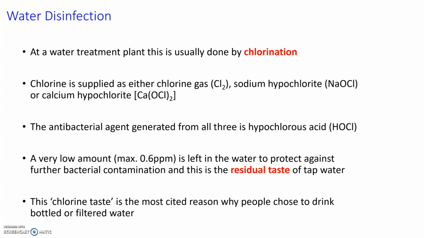This is why most municipal water plants use chlorination, because that chlorine remains in the water and ensures that bacteria does not develop in the water before it gets to your house. People often complain that they don't like the taste of the chlorine. That residual taste in water is often associated with the chlorine.